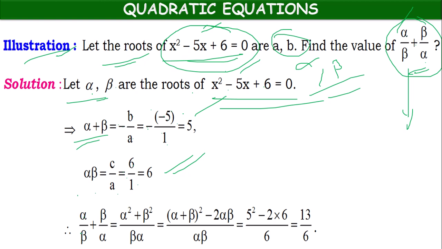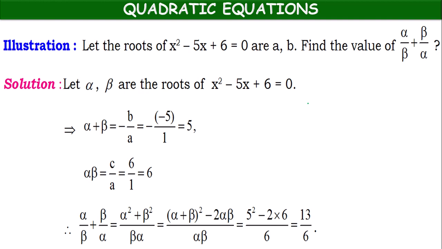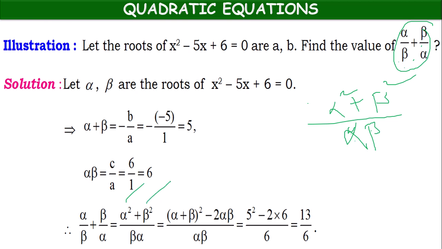Next, alpha by beta plus beta by alpha value we have to find. LCM is beta into alpha, LCM is alpha beta. Here beta is there, alpha is not there. Alpha into alpha, alpha square, plus alpha is there, beta into beta, beta square. We can write it as alpha square plus beta square by beta alpha.